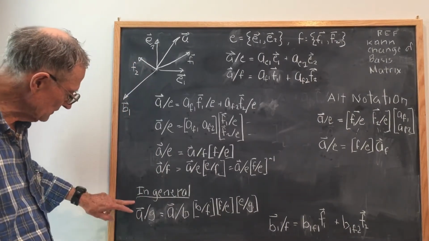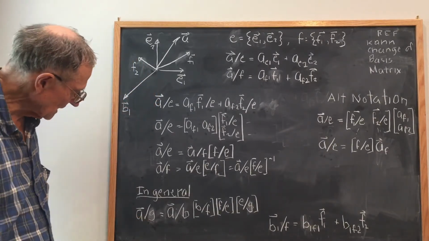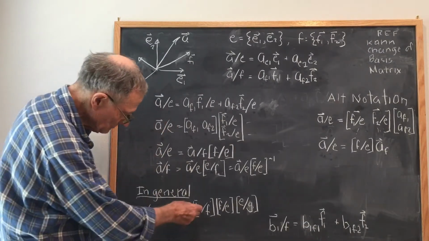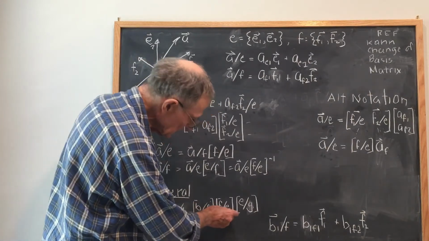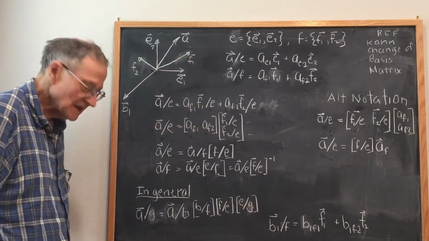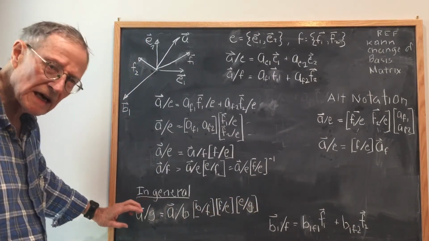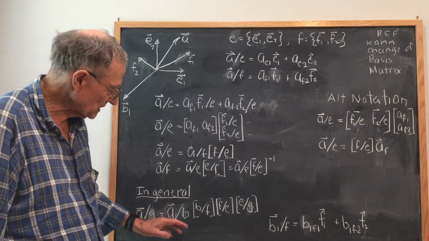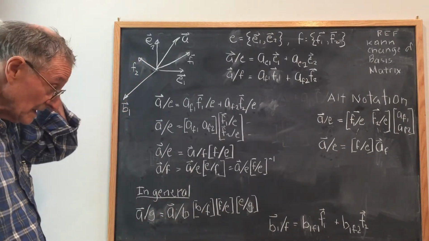If I have A with respect to G, where G is another basis, that is equal to A with respect to B, which is another basis, times B with respect to F, times F with respect to E, times E with respect to G. A lot of complicated expressions get condensed into a very simple expression if you're talking about more than one basis system.